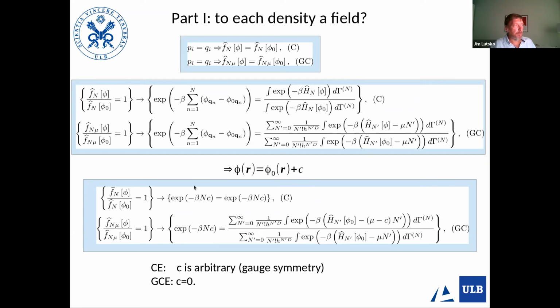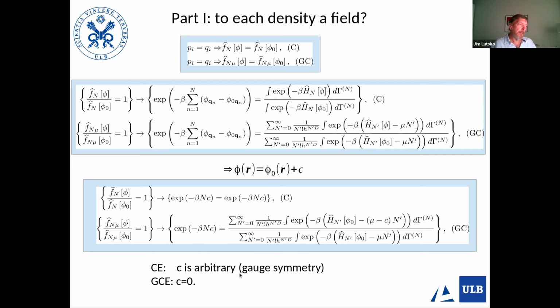In the grand canonical case, on the left-hand side, you get e to the minus beta N C, that's just this term. But here you get something complicated because the C basically shifts the chemical potential, and then you're summing over all the particle numbers. And it's easy to show that these things cannot be equal in general unless C is equal to 0. So in the canonical case, this constant is arbitrary. In the grand canonical case, it has to be 0 in order to saturate this inequality.